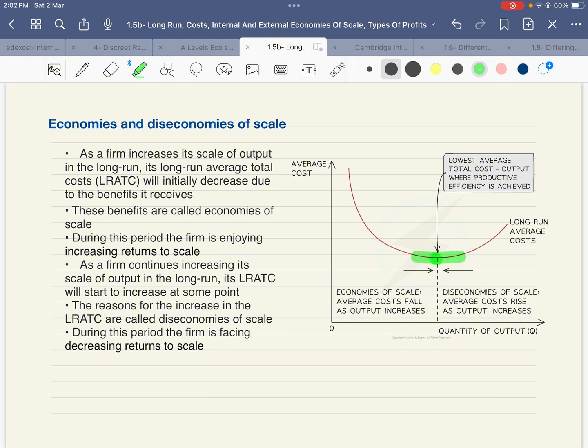Constant returns to scale means the output and input both increase by the same proportion. However, after hitting the lowest possible cost and then staying in a state of constant returns to scale, the firm starts to experience decreasing returns to scale, which means that the increase in output is less as compared to the increase in input.